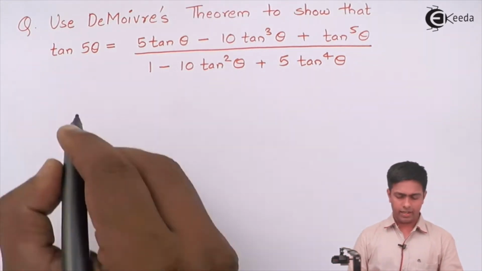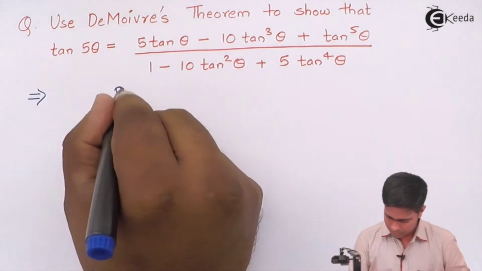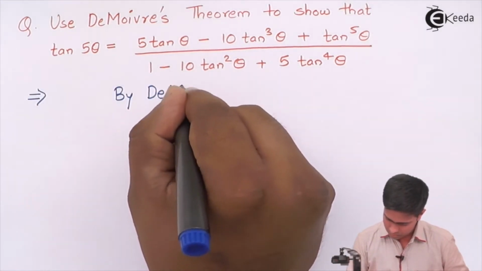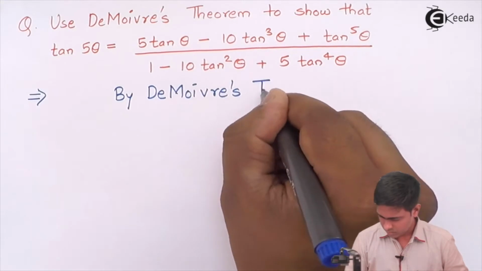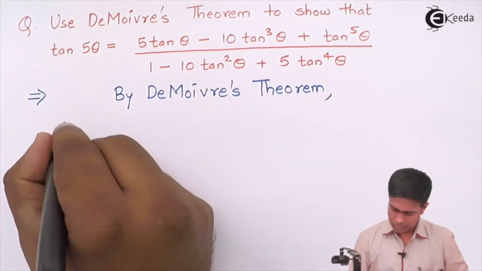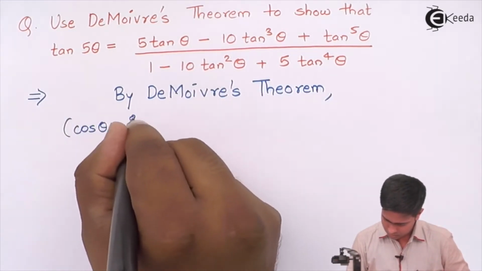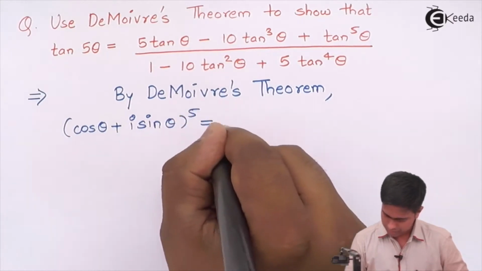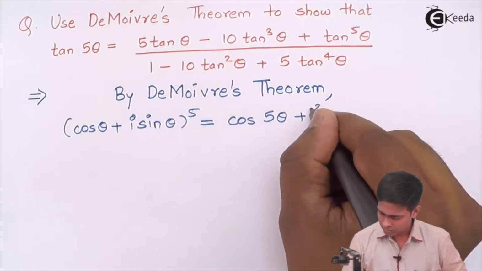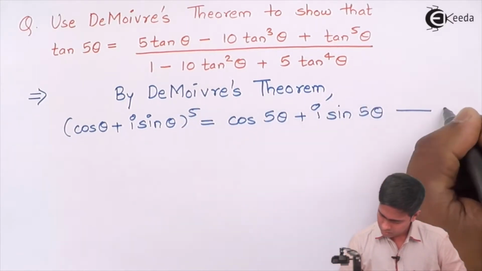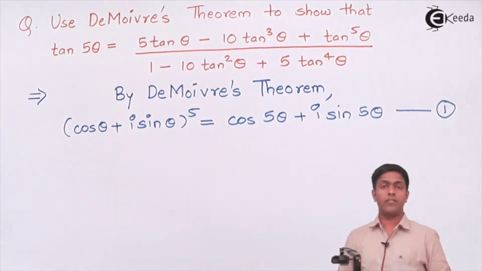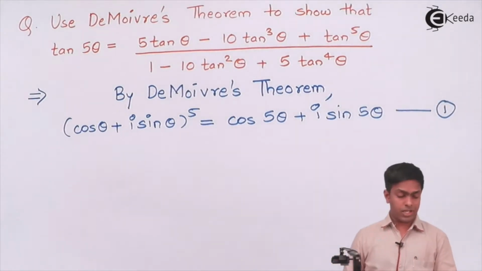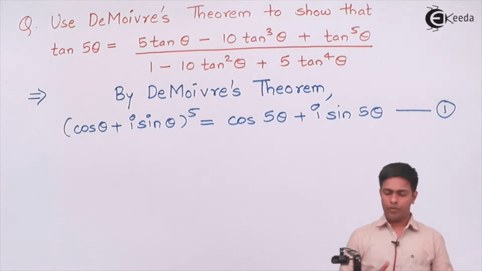So here I've applied De Moivre's theorem. Now step number 2 is we will apply the binomial theorem.